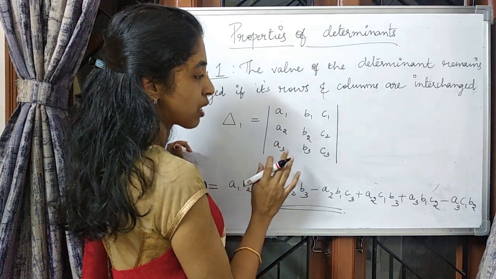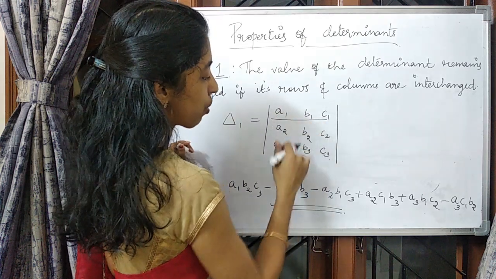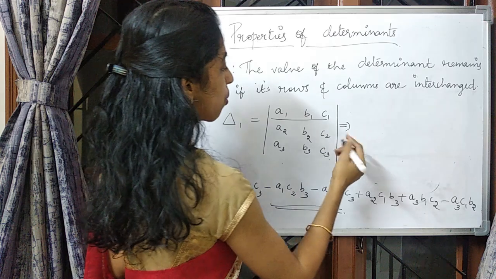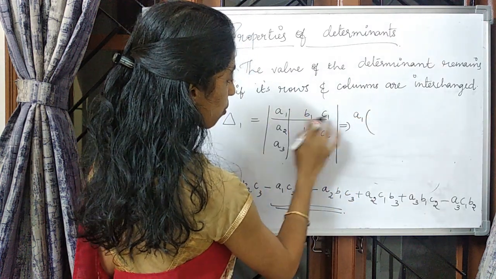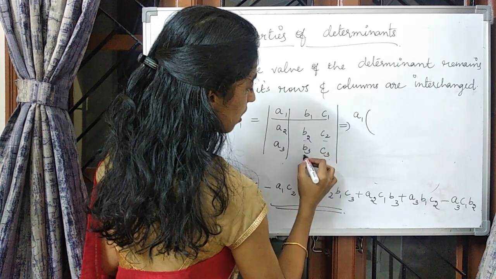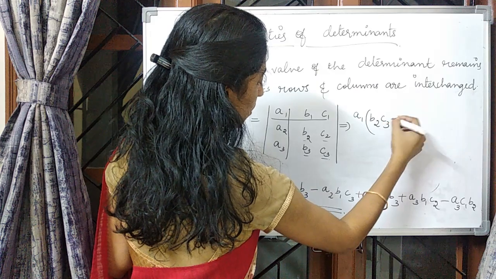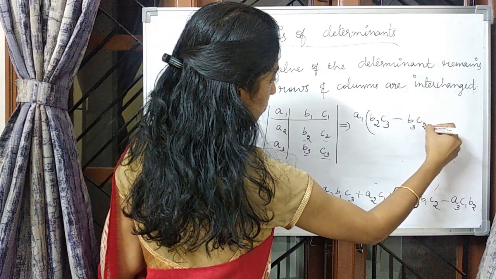Again we are going to expand it. You can expand either row wise or column wise. If you expand row wise, we will get A1; its corresponding row and column just vanish. The remaining four elements give B2 C3 minus B3 C2.